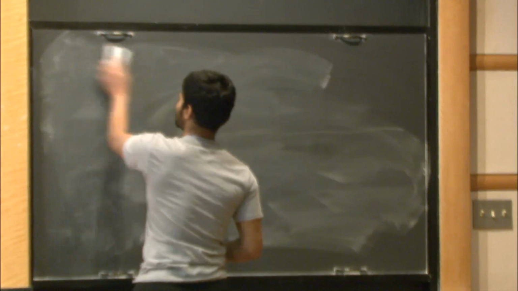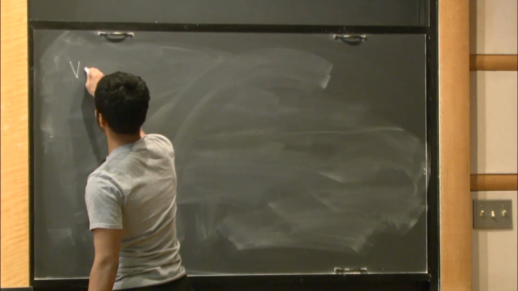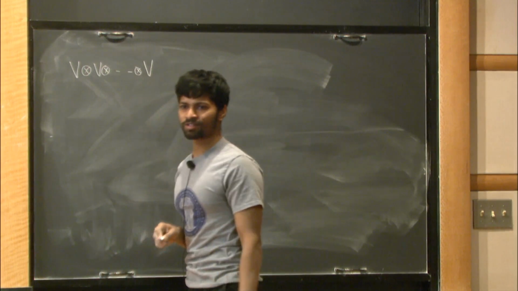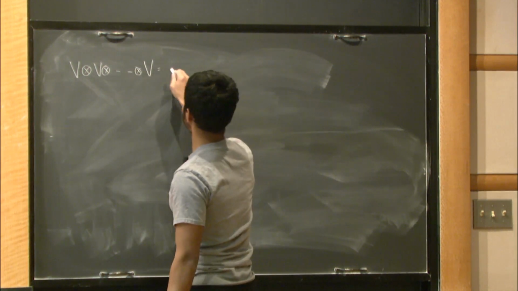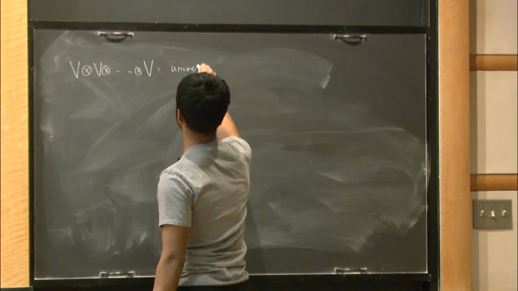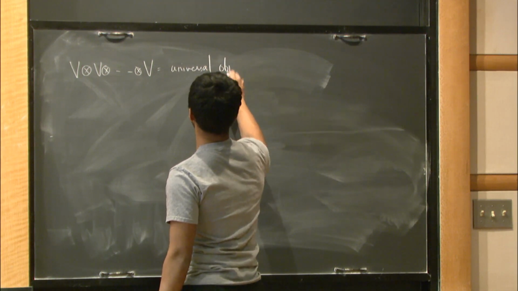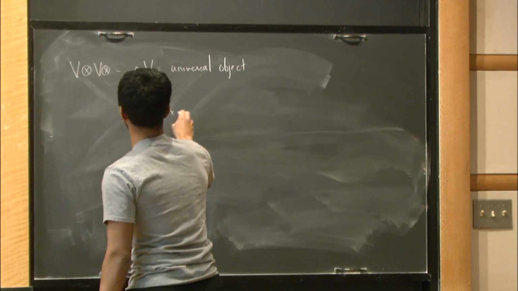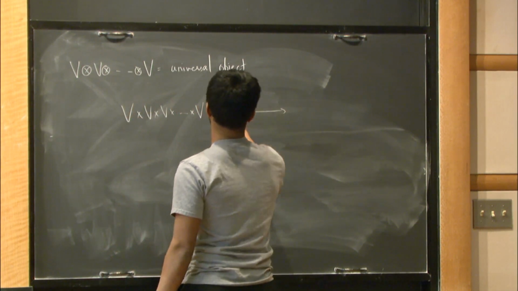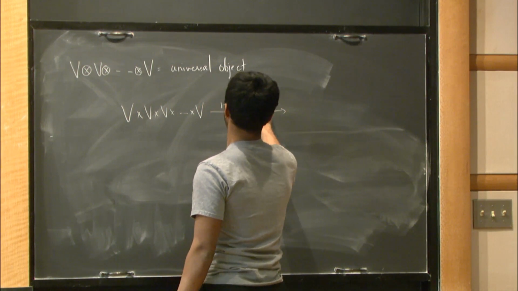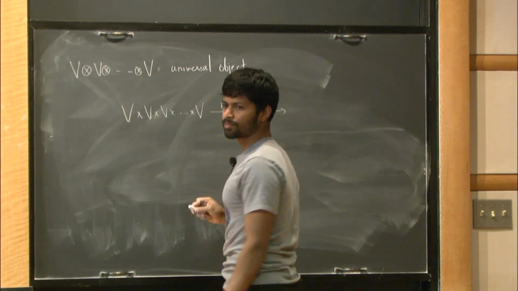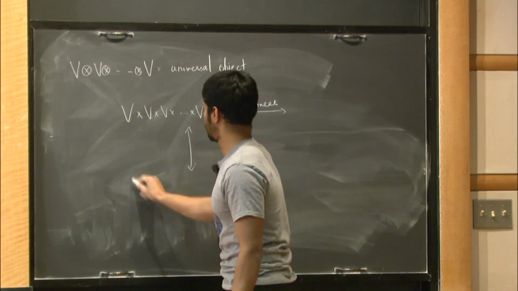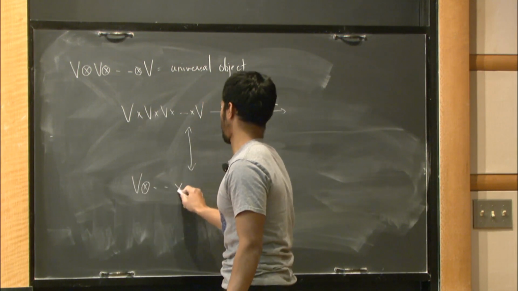Okay, so let's say D copies, right? This is the universal object that does this. It takes multilinear maps and converts them to linear maps.